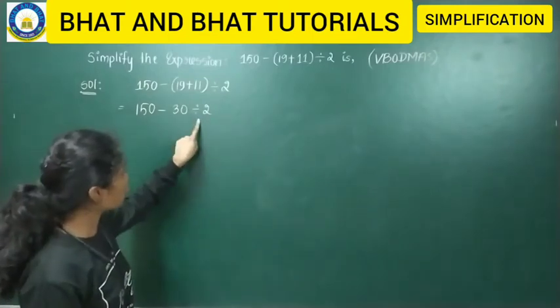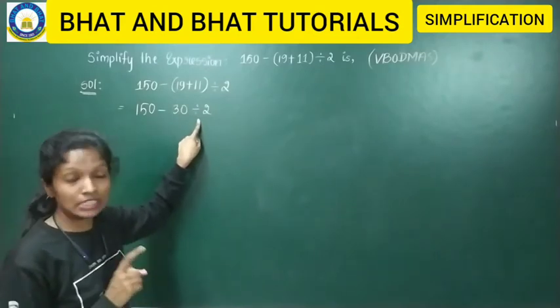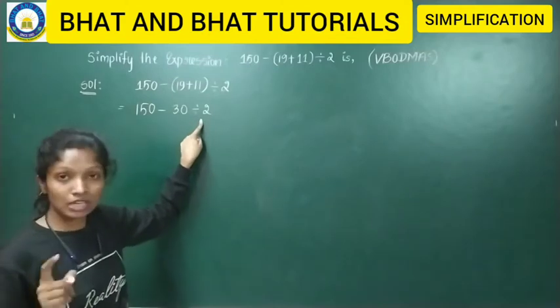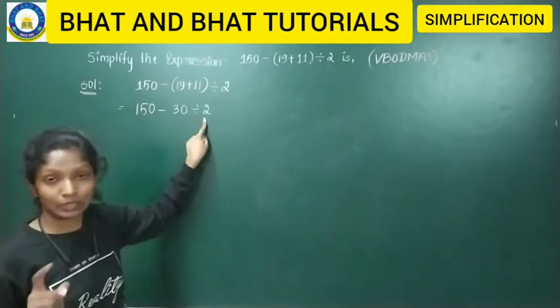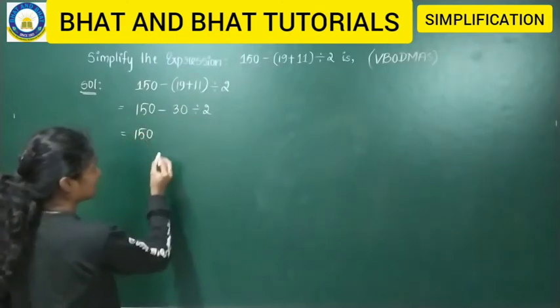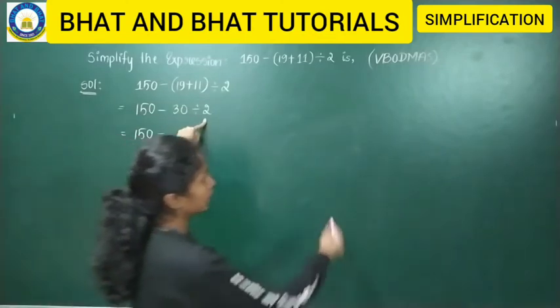Since there is no 'of' in the question, we will not concentrate on that. The next is D, which stands for division, and in the question there is a division, so we'll divide. So 150 as it is, minus, 30 divided by 2.